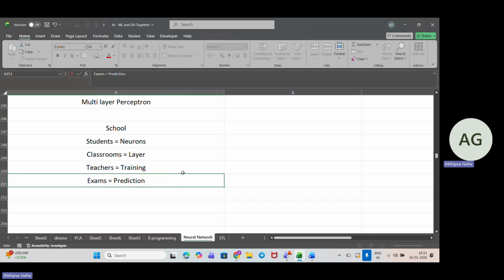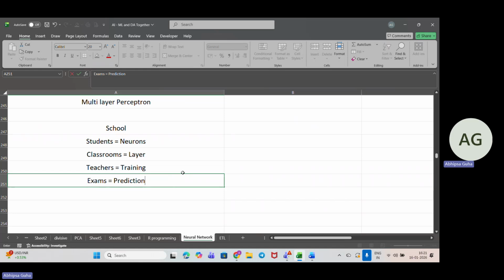So what does MLP mean? Multi-layered perceptron. Perceptron, you already know. Now we have to understand the meaning of multi-layered. Multi means many. Layered means, as you know, the floors or the classrooms. And the perceptron is a tiny decision-making unit.